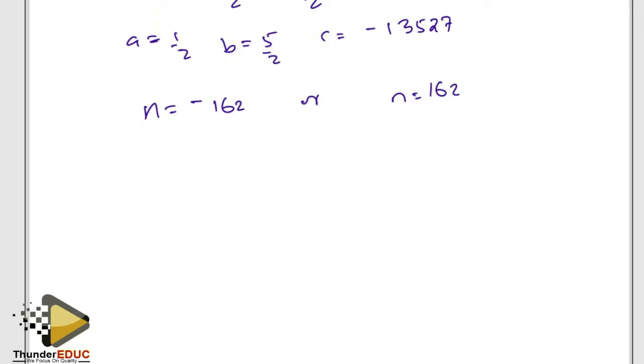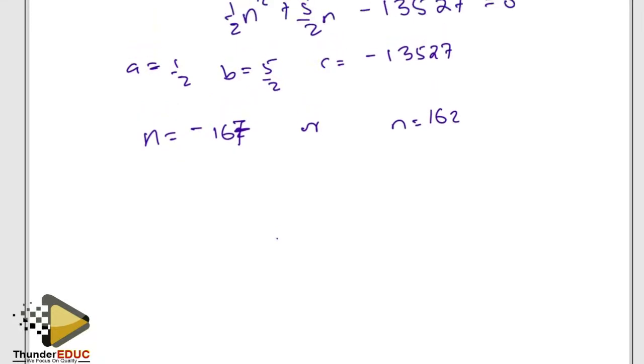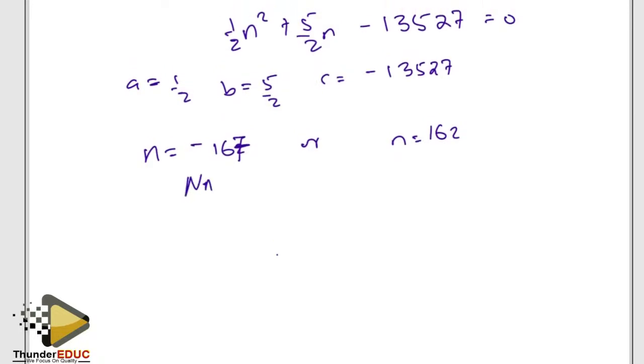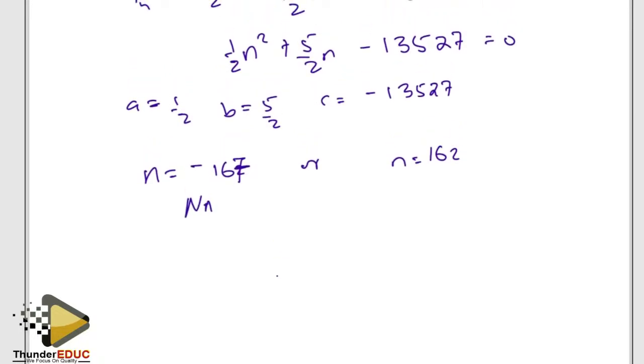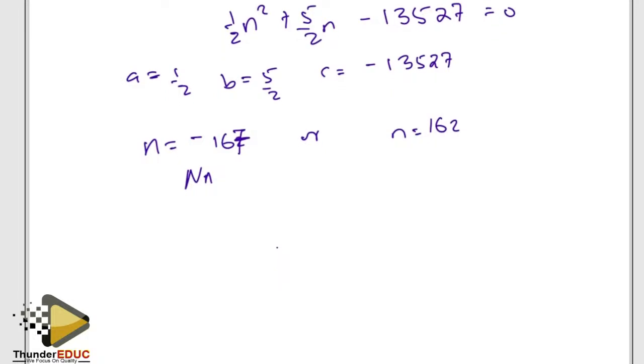We can confirm that again so that we are on the same page. Now remember, the position of a term can never be negative, so the negative 167 is not applicable. What we are left with is 162.